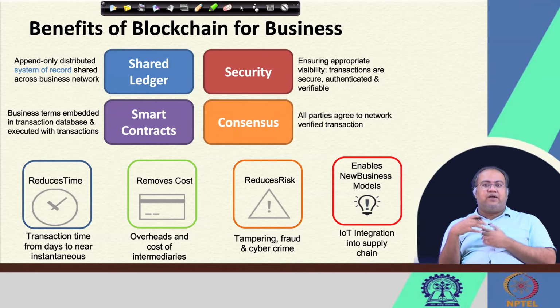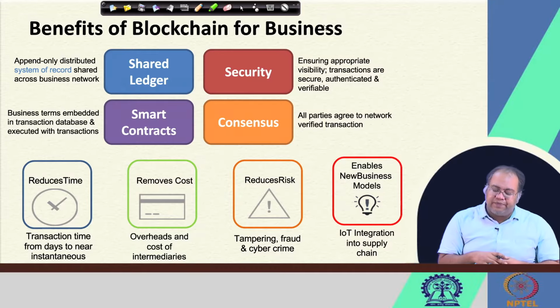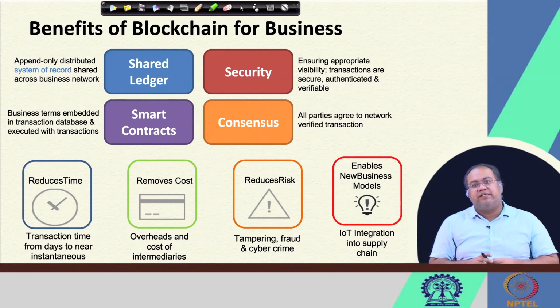Say, for example, you are transferring onions in transportation, and if the condition of the onions gets bad, the smart contract can possibly trigger redirection of the vehicle, so that the onions can be delivered in nearby places to reduce the possible wastage of the product. So, that way you can enable new types of business models with the help of blockchain.